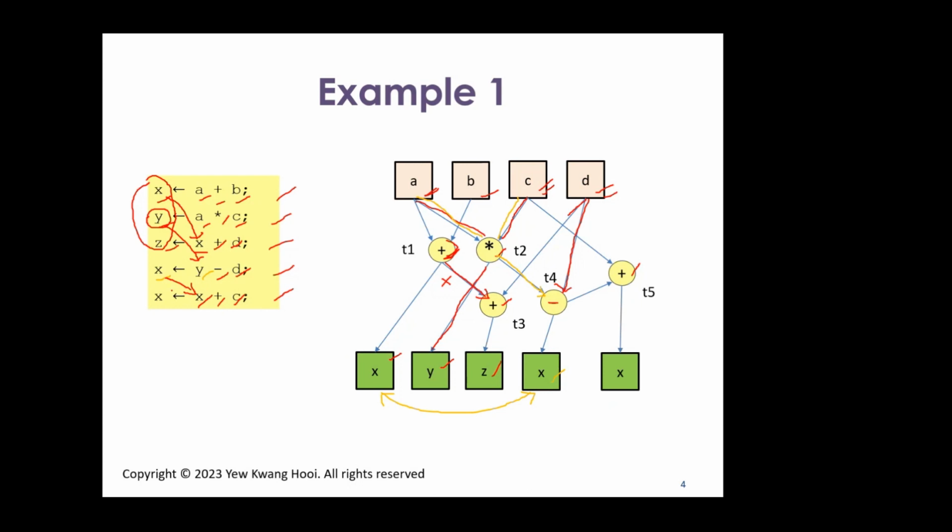So the last closest row is Y minus D, right? Y minus D, which is the output of this one.